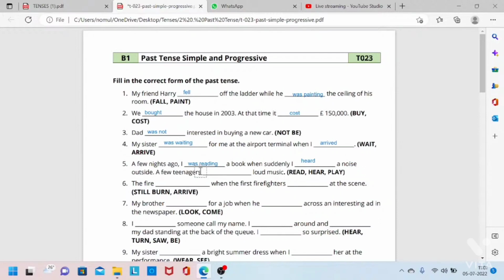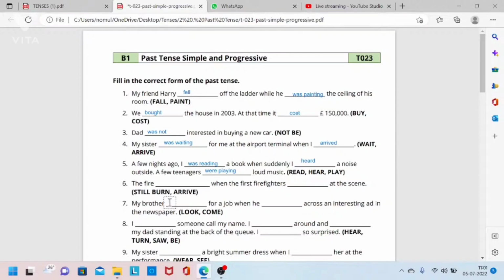A few teenagers were playing. Okay, were playing. So this is all in the past, right? So that is the reason we are using this kind of verbs. And this whole sentence is in continuation form also, past.